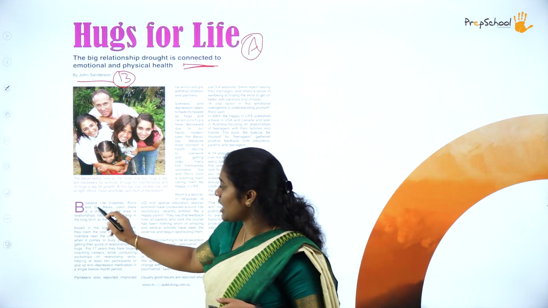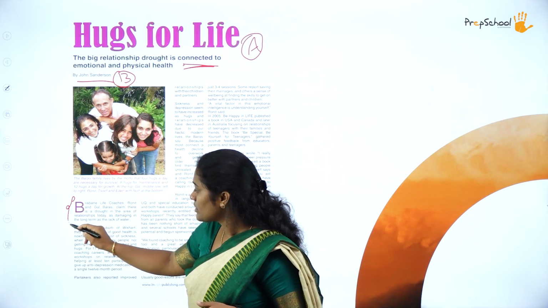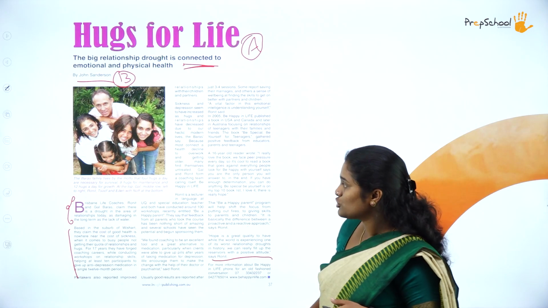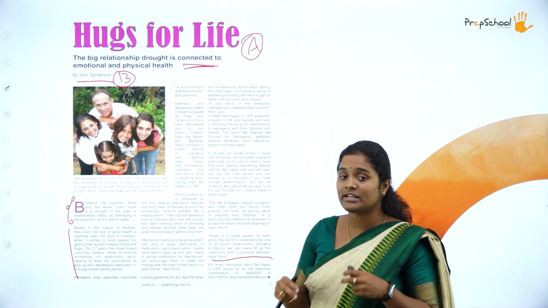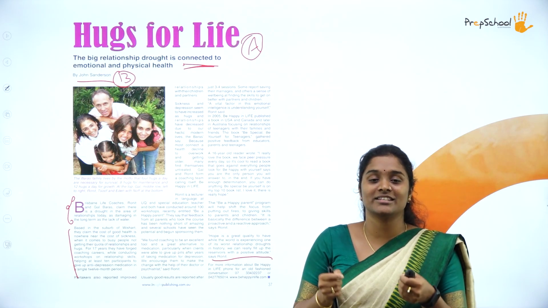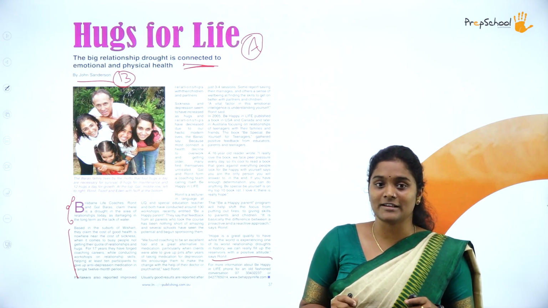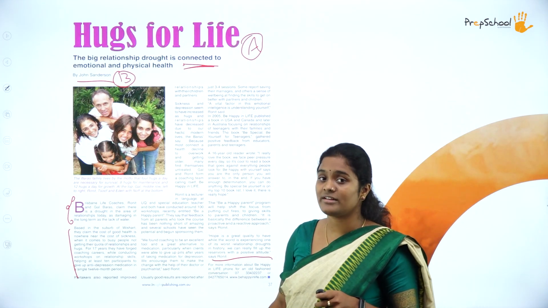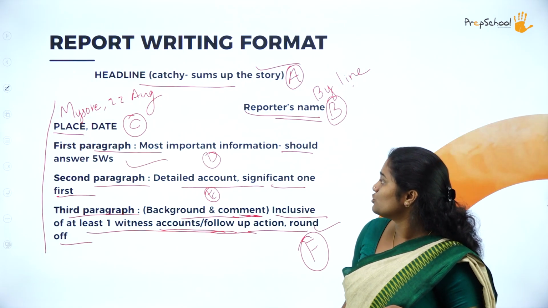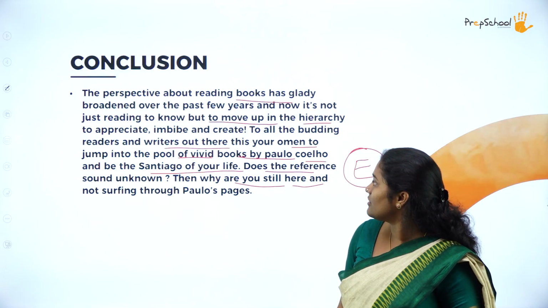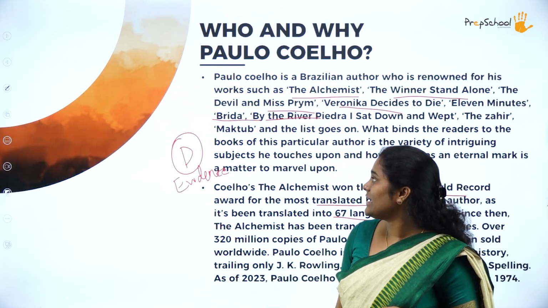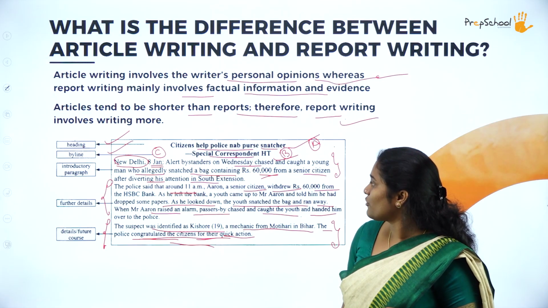Then you start with a little introduction, then there is the body, and then there is the conclusion. Here you see they have not explicitly written where the intro, body and conclusion of the article are. So this is how a newspaper article generally looks, which is pretty similar to our article format, isn't it? So this is our article format, and at the end, this is our report format.